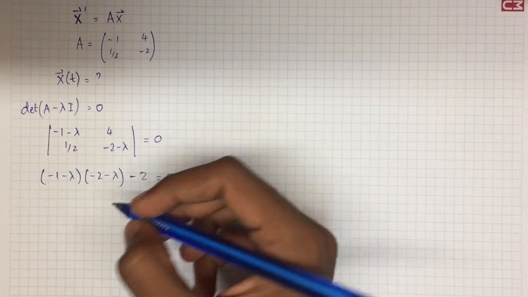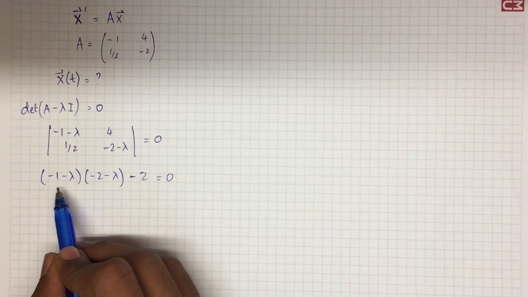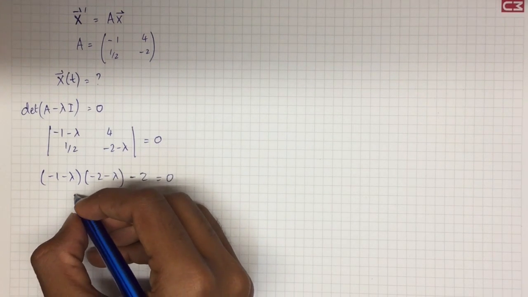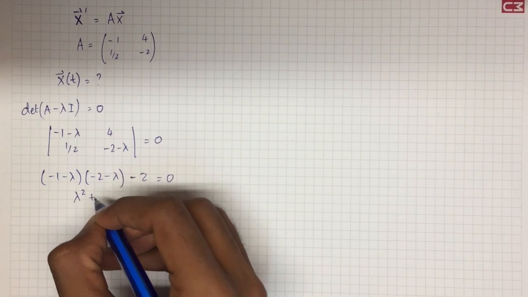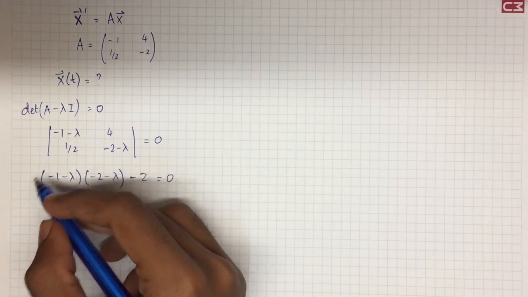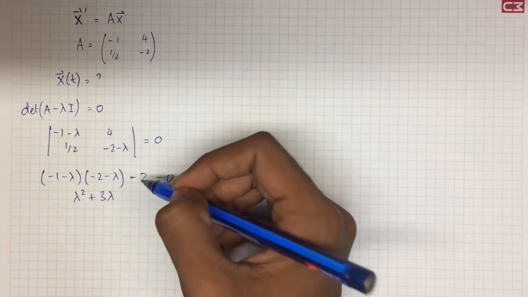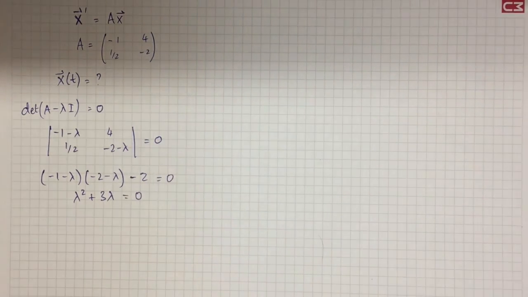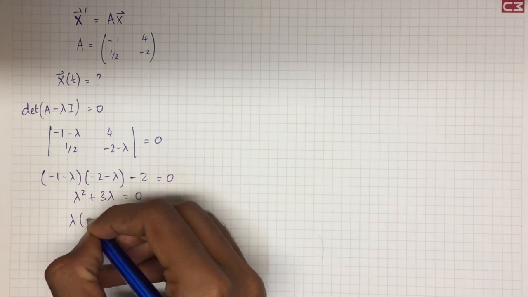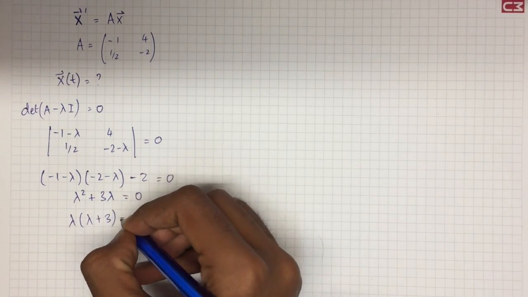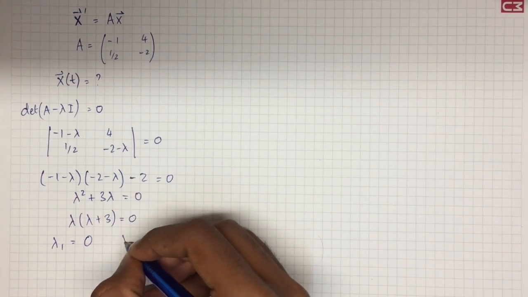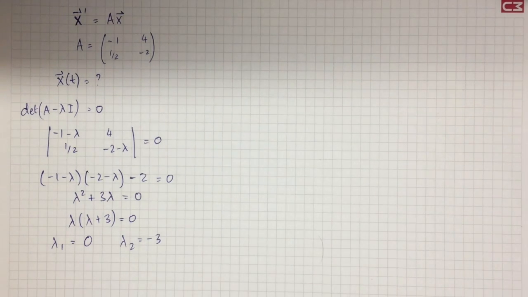Rearranging, (lambda plus 1)(lambda plus 2) becomes lambda squared plus 3 lambda plus 2, and then the minus 2 cancels, giving 0. So we have lambda times (lambda plus 3) equal to 0.